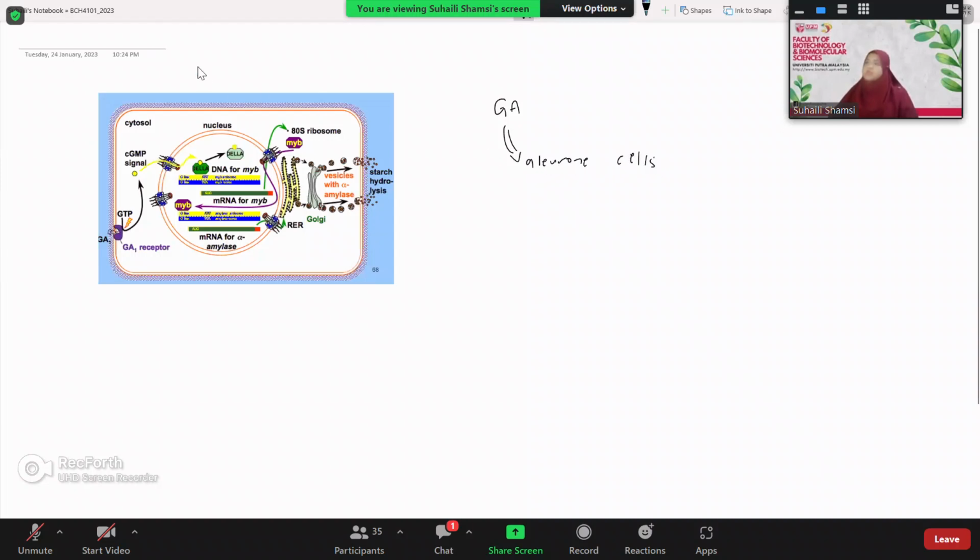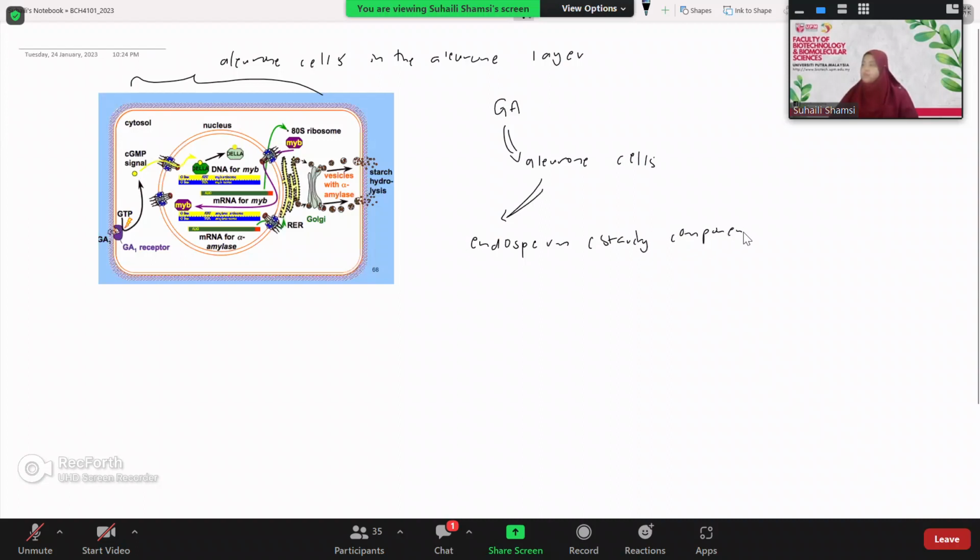This is in the aleurone cells in the aleurone layer. So GA being produced will then go to the endosperm, where the starch is.